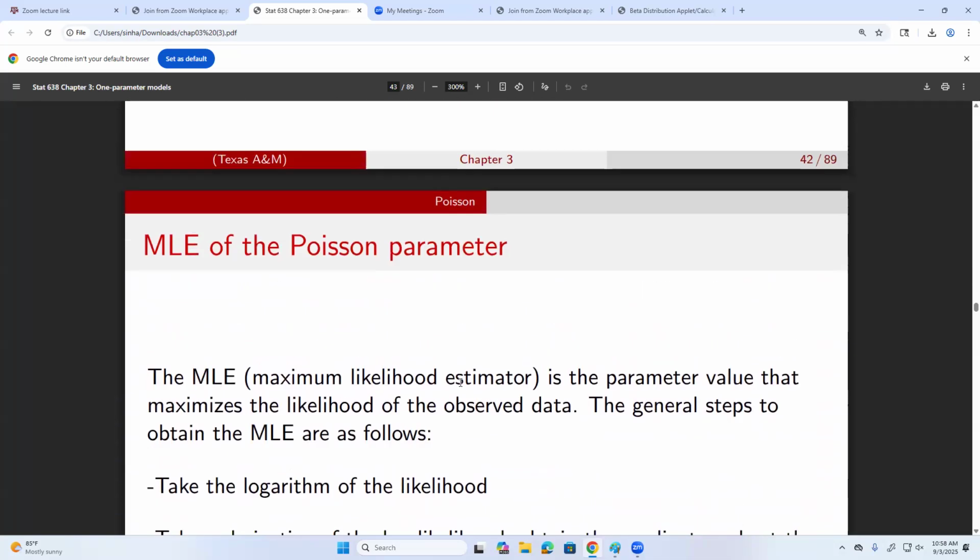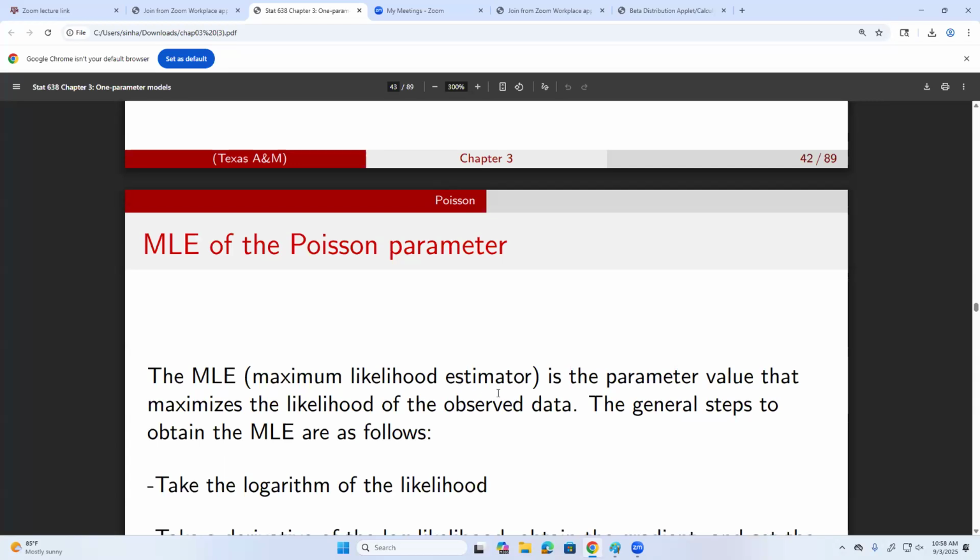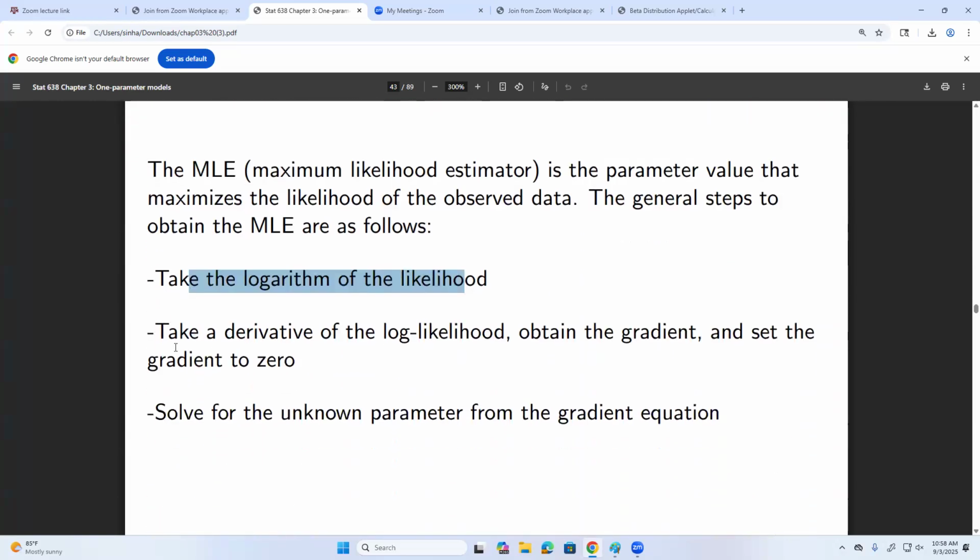Now, to find the classical estimator of theta, I know this is something you have already learned in your previous classes, but to give you the complete picture, I just noted down all the steps. If you want to obtain the classical estimator, what should you do? You can do the maximum likelihood estimator. For that, you take the logarithm of the likelihood function, take the derivative of the log likelihood to obtain the gradient, set the gradient to 0, and solve for the unknown parameter.